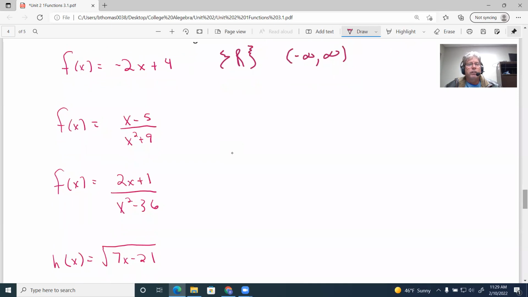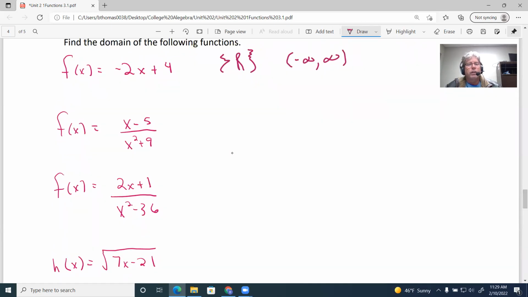If I look at this next example, I have x squared plus 9 in the denominator. In other words, x is in the denominator. So if we set x squared plus 9 equal to 0, if I can find a value for x that makes that true, we have to exclude that from the domain.